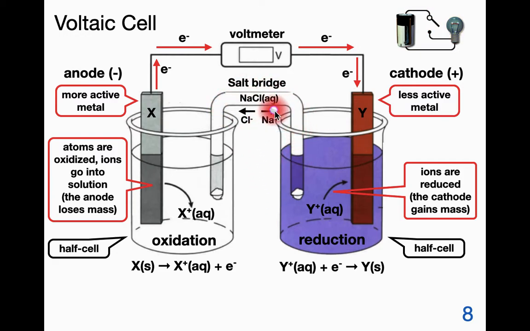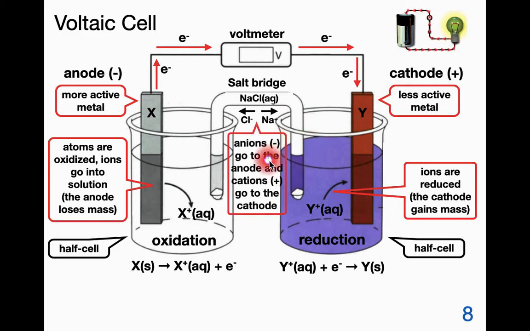The negative ions in the salt bridge go in the same direction as the electrons. And so in this example, the electrons are going clockwise. So as the electrons enter here, the anions in the salt bridge are going clockwise. The cations are going in the opposite direction. So the anions go to the anode, the cations go to the cathode.